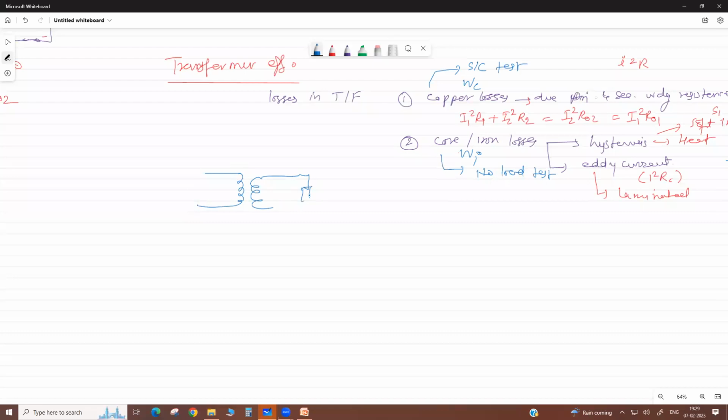So this is your transformer, suppose. If we have a load here that has a power factor cos phi 2, the load power factor, the terminal voltage is V2. Suppose at full load, this is your current I2. Here we apply V1. Now, we may know the turn ratio N1, N2, and the kVA rating of the transformer.